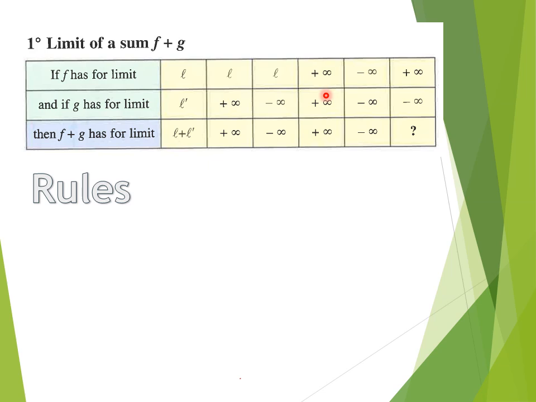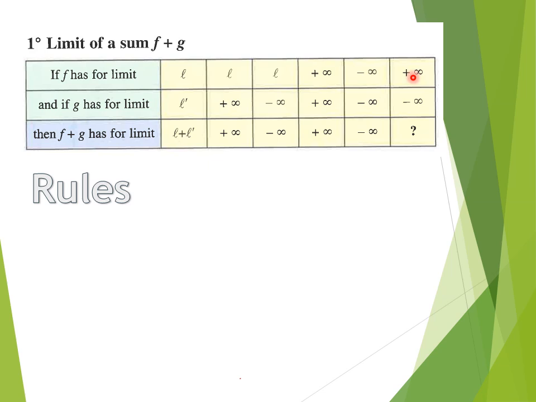What do you think? Do you think that they cross out each other and I get 0? Of course not. Why? Because it's infinity, it's a big number, but I can't tell how much this number is. So I can't tell that plus infinity is the same as minus infinity as a quantity. So what do I have in this case?